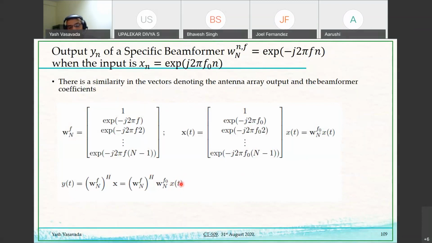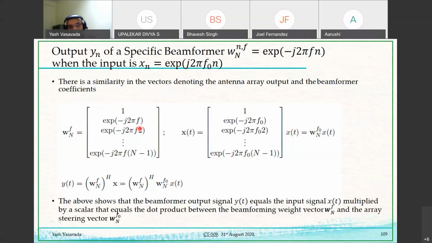That is one difference. But these vectors are looking exactly the same as before. And so what this tells us is that the output of the beamformer, which is continuous in time, is the input multiplied by a scalar. And the scalar is given by this dot product. We have already evaluated this dot product earlier.